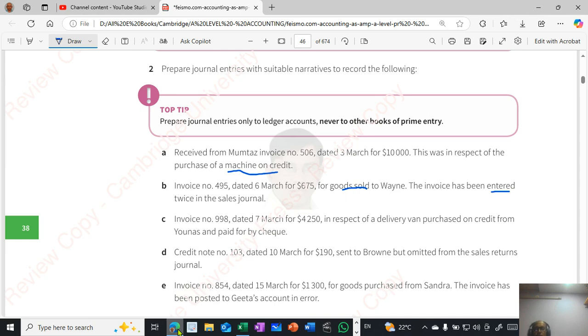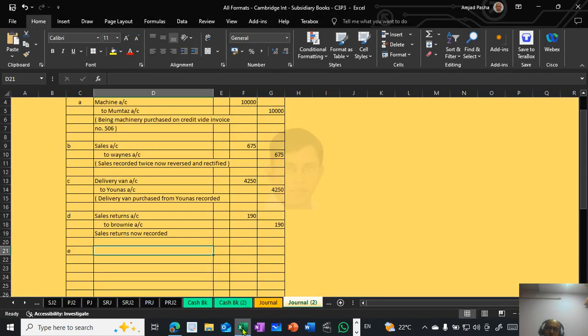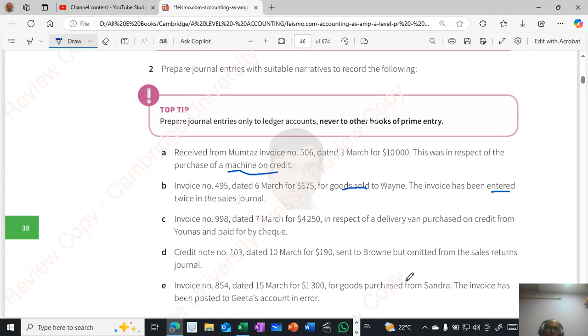So what do you have to do? You have to debit Geeta and credit Sandra. The entry will be Geeta account debit to Sandra's account credit.